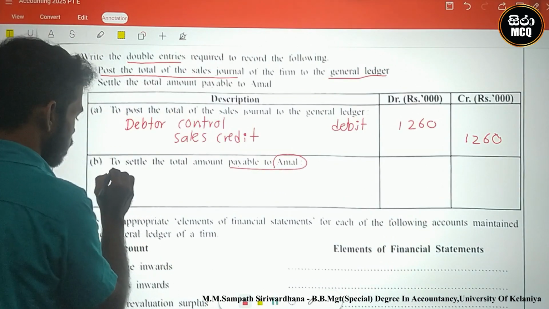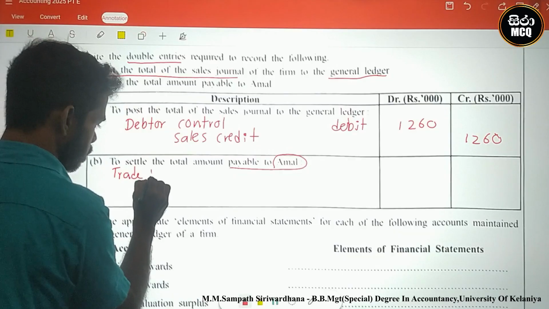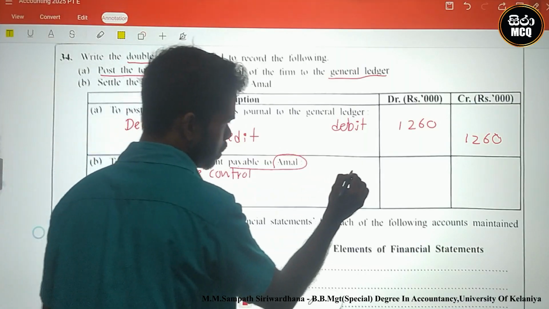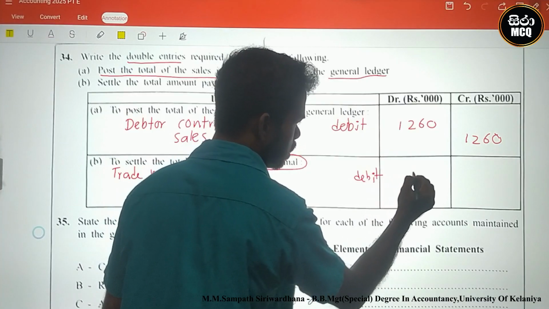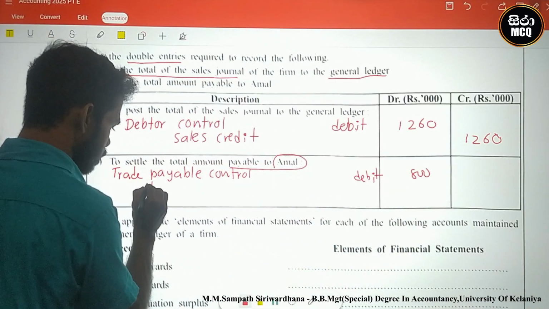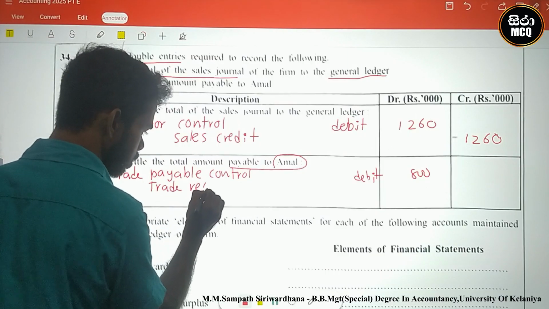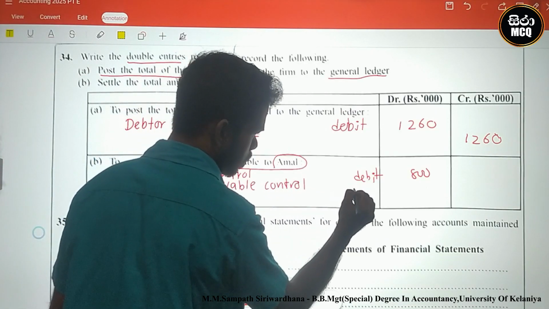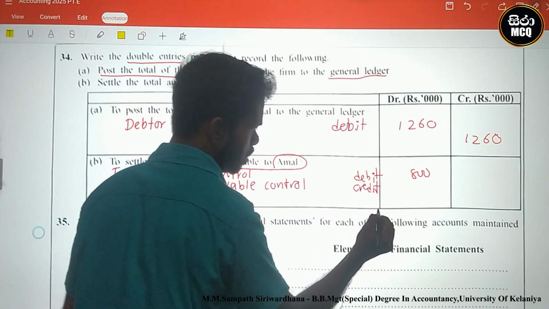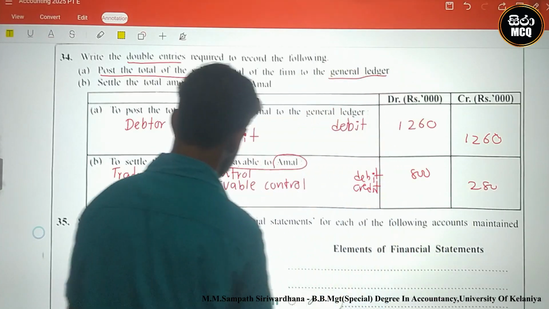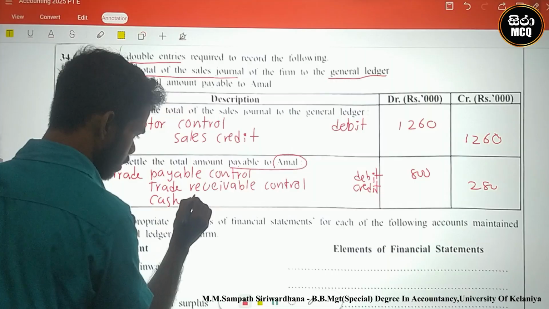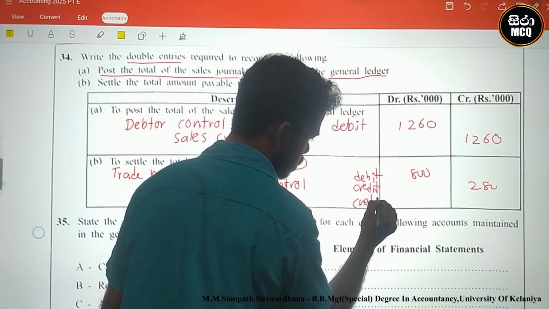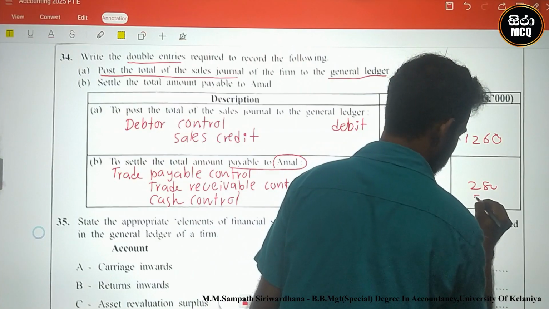There are three shots: trade payable control debit 800, credit to trade receivable control credit 280, credit to cash control account, cash control credit 520.